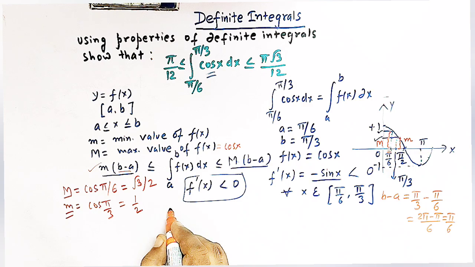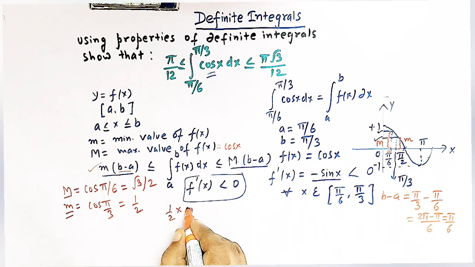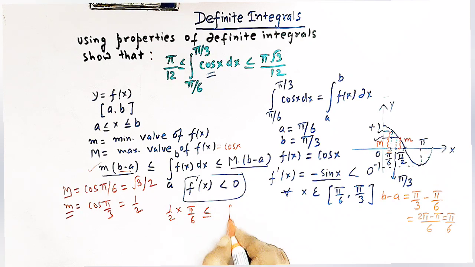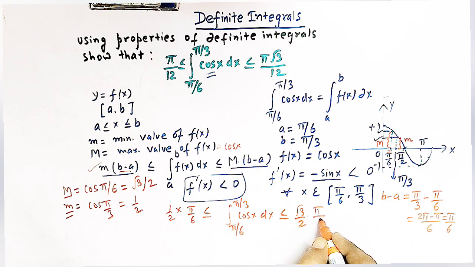So here we have half, then b minus a is pi over 6, then we have the integral from a to b, where a is pi by 6 and b is pi by 3, of cos x dx, and here capital M is root 3 over 2, and b minus a is pi by 6, right?